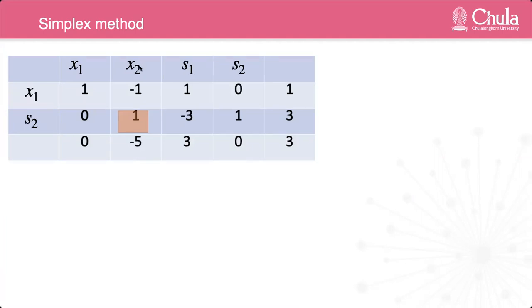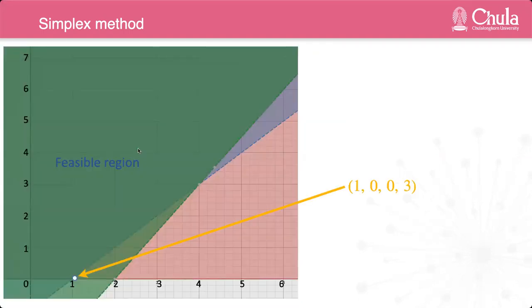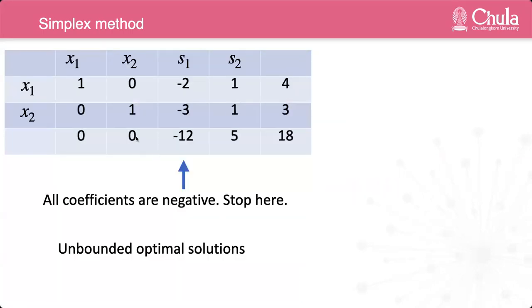So X2 will be introduced into the basic variable set next round. And we remove S2 from basic variable set. So it should be 0, 1, 0 next round.